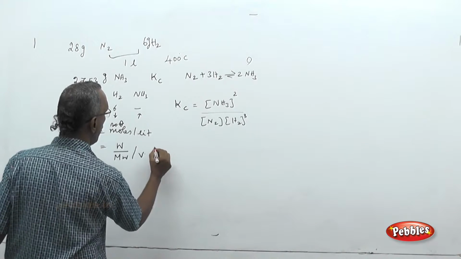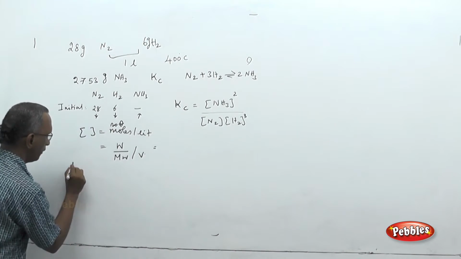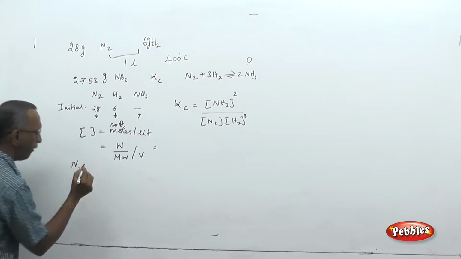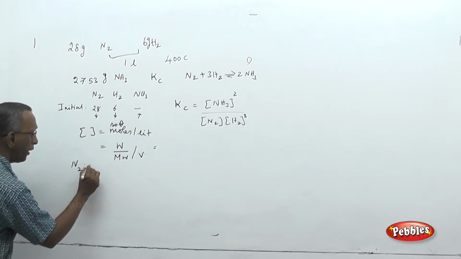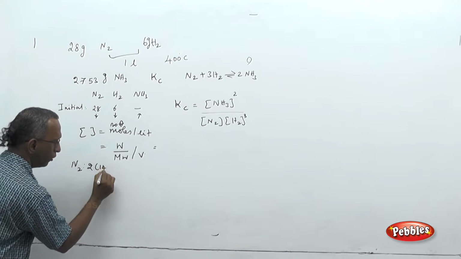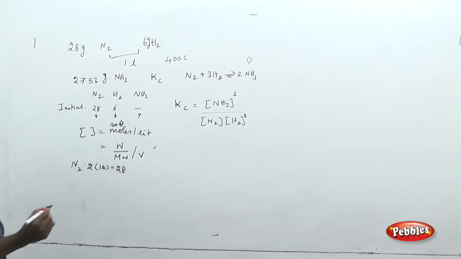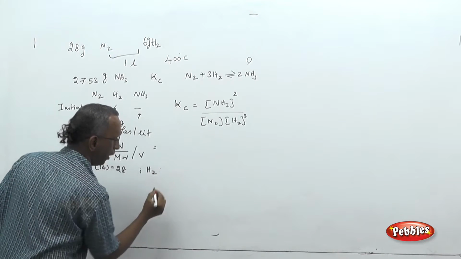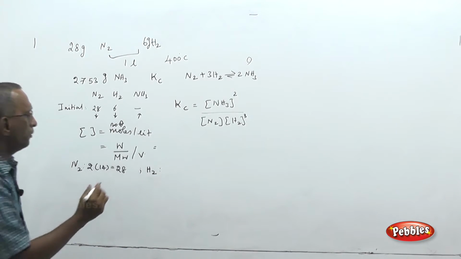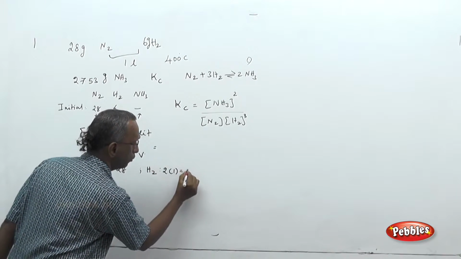So one by one let us calculate. Nitrogen: atomic number 7, atomic weight is 14. 1 nitrogen is 14, 2 nitrogens 14 into 2. So this is the molecular weight of nitrogen, 28. And hydrogen atomic weight is 1 and molecular weight is 2 into 1, 2.